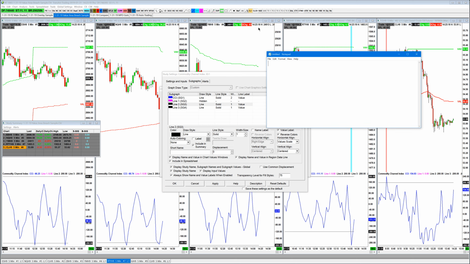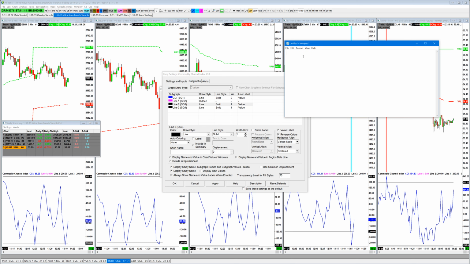This is why I use Notepad a lot when I'm trying to keep track of things. So what I would do here is say, okay, for the CCI, that's going to be ID1.SG1. The upper line is going to be ID1.SG3. And then the lower line is going to be ID1.SG4.